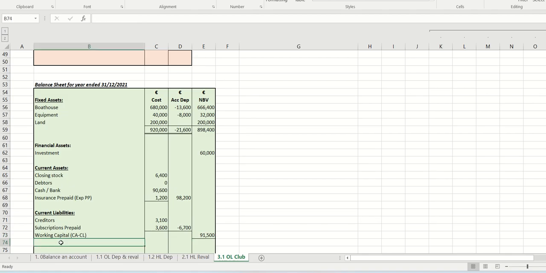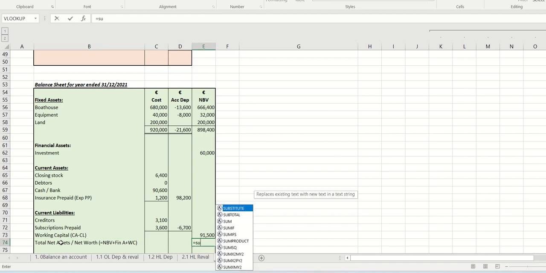Then we have our total net assets, or sometimes it can be called net worth. You need to use one of those. And that's calculated as our net book value number up the top plus our financial assets, plus our working capital. It's the three of those all added together.